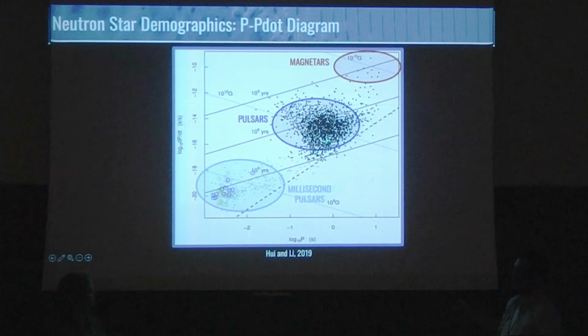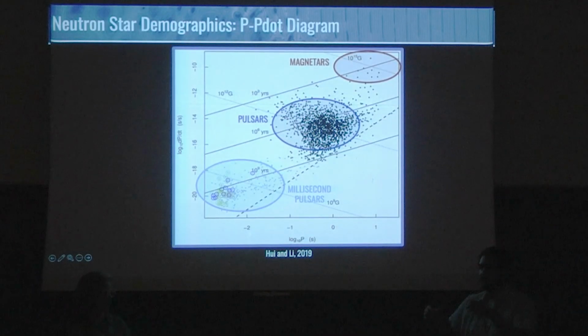Their magnetic field also decays over time. So for millisecond pulsars, we're observing them in this regime where they have very, very high spin periods, but very low magnetic fields. So that is a clue to indicate that they probably started off as a regular pulsar.